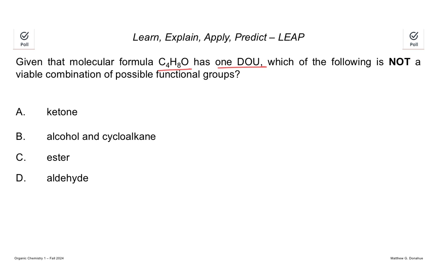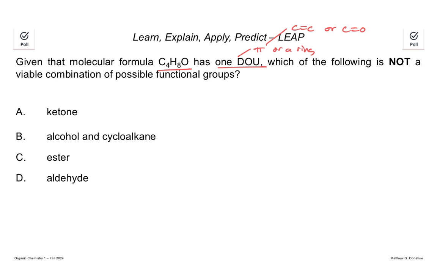now what we want to do is take that, start drawing some constitutional isomers. And the logical way to do that, we can say a degree of unsaturation is a pi bond or a ring. And furthermore, we said a pi bond can be carbon-carbon or carbon-oxygen.